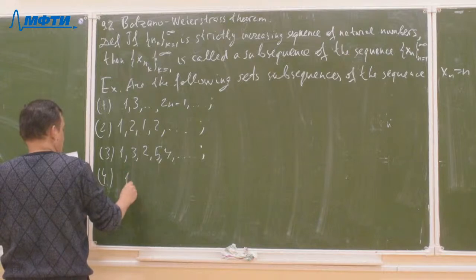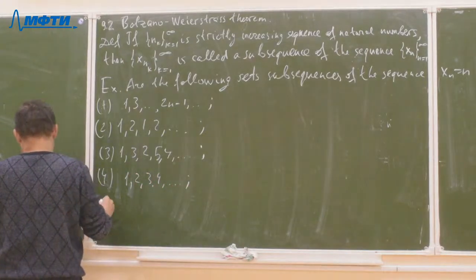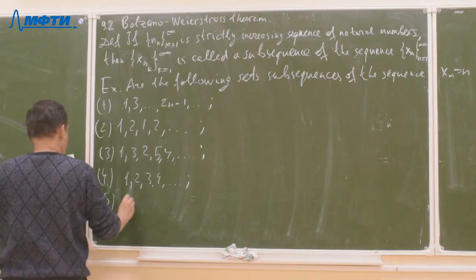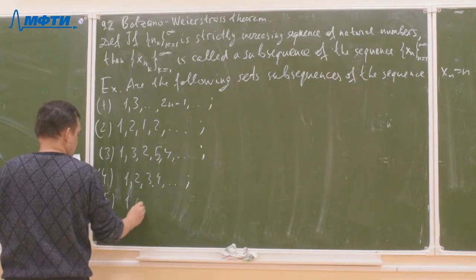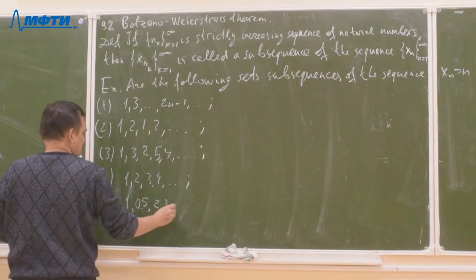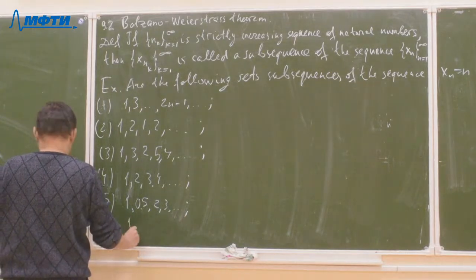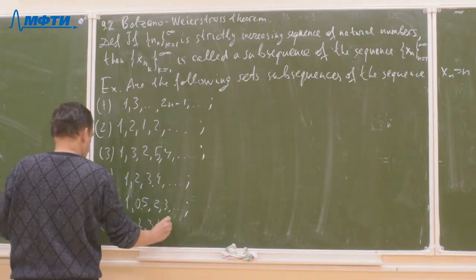Fourth: 1, 2, 3, 4, and so on. Fifth: 1, 0.5, 2, 3, and so on. And the last: 1, 2, 3, 4.